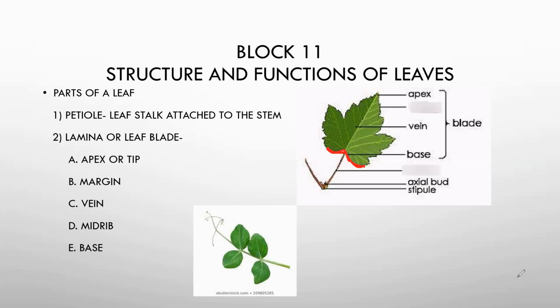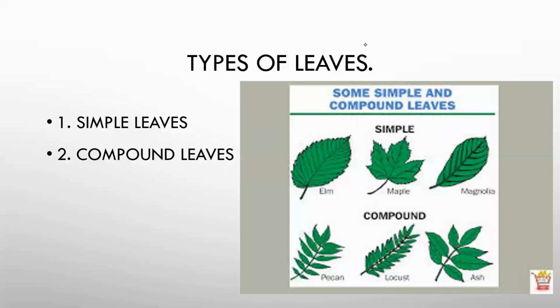Now types of leaves. If you look at the picture, you have three simple leaves and then three compound leaves. If you observe, in simple leaves, even though the shapes are all different, one thing is very common: you have one stalk.